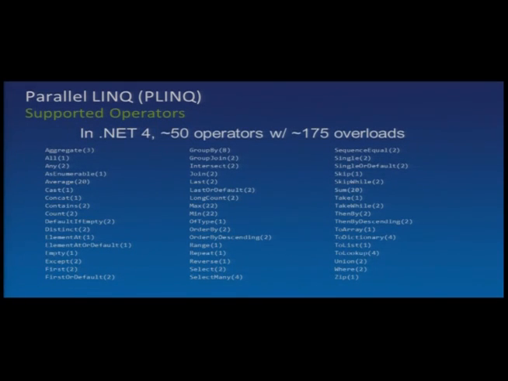Parallel LINQ supports a lot of operators. There are 50 operators, 175 overloads total. So you can express a lot of interesting computations using parallel LINQ. And provided that your algorithm fits the right pattern, using parallel LINQ can be as simple as adding AsParallel to your query. So it is another one of these very simple, high-level programming models for multi-core.